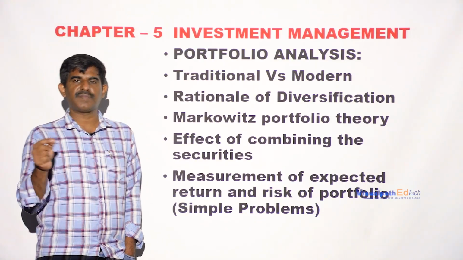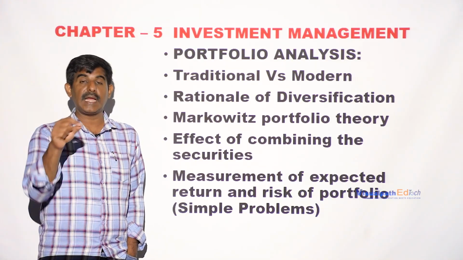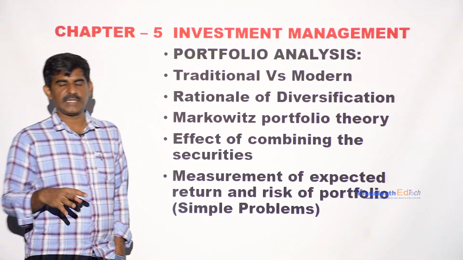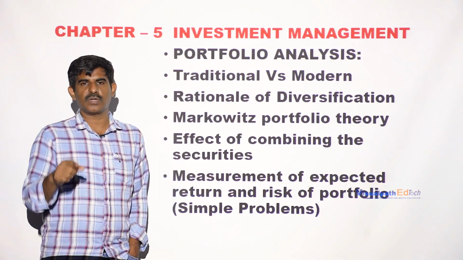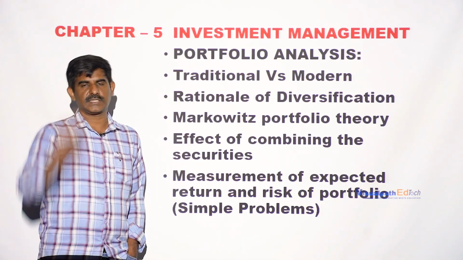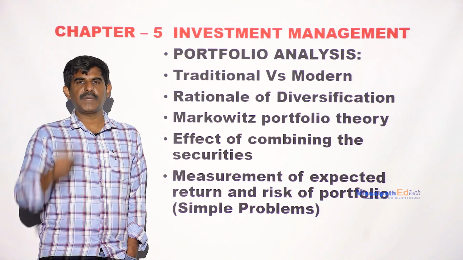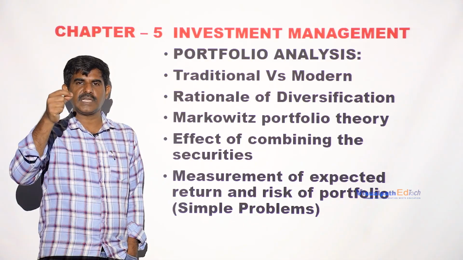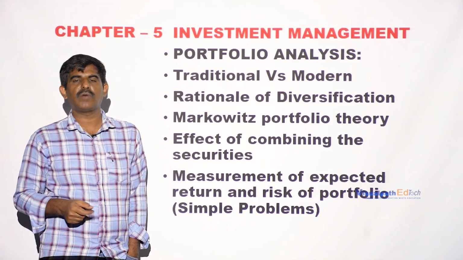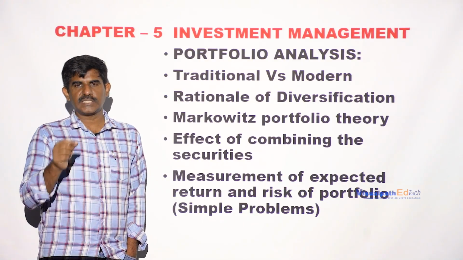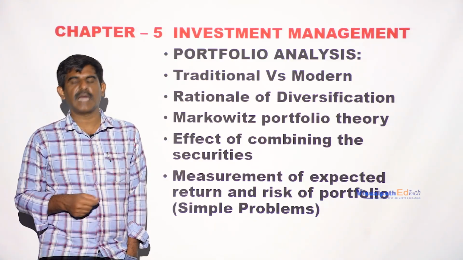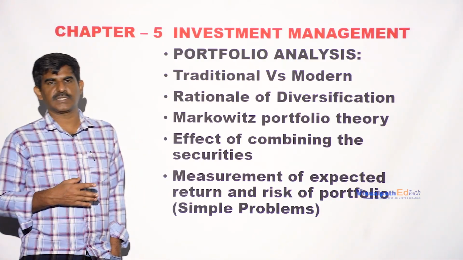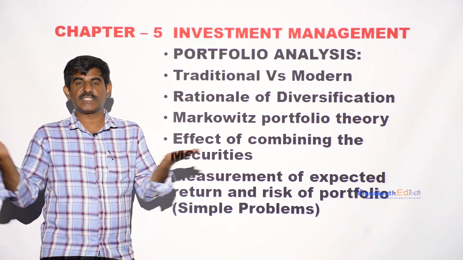Your investment of 10 lakhs will become 20 lakhs or it may become 25 lakhs also. So what I mean to tell here is, if you invest in only one particular stock, there is a higher amount of risk. It may happen in either way. Your profits may maximize or your investment may come down drastically. So the risk of investing in one stock is very, very high. So what can you do to overcome this type of risk? You diversify the investment.